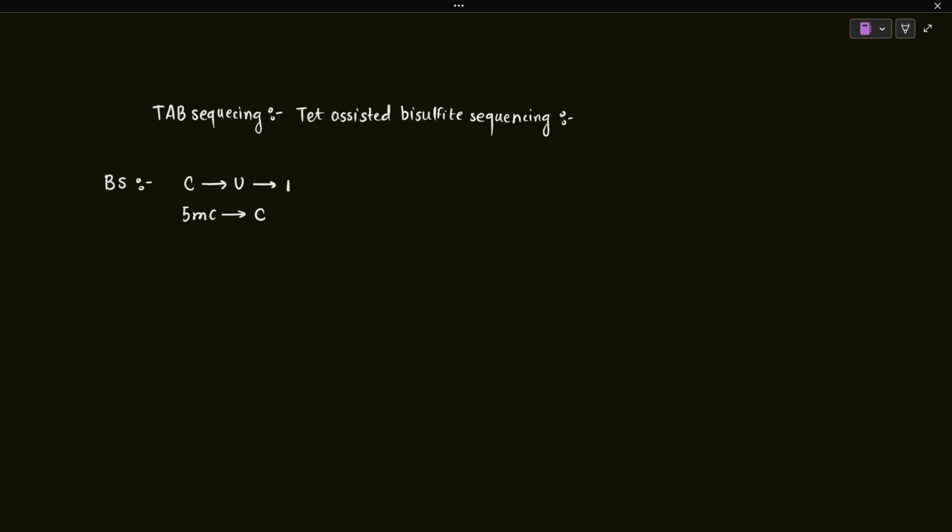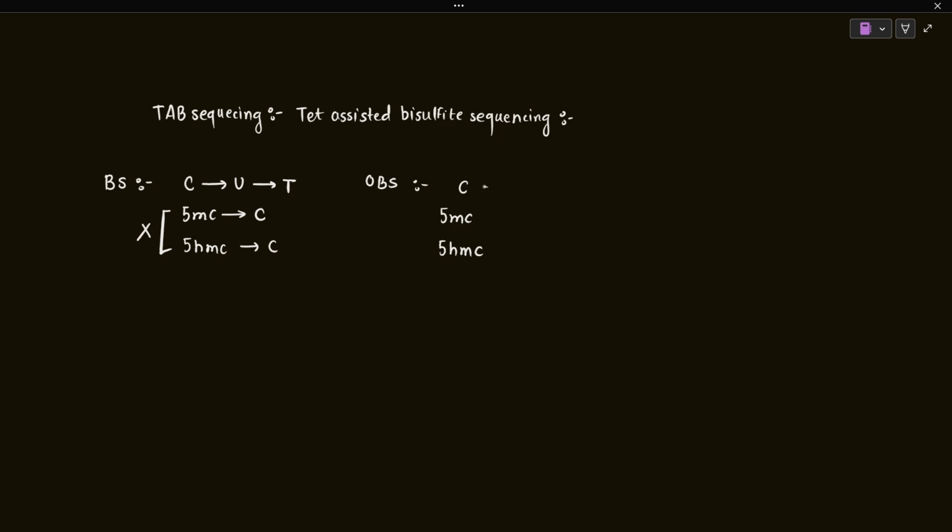This uracil is read as thymine, while 5-hydroxymethyl cytosine is also read as cytosine. In bisulfite sequencing, you cannot differentiate between 5-methyl cytosine and 5-hydroxymethyl cytosine. But in oxidative bisulfite sequencing, you can differentiate between all three: cytosine, 5-methyl cytosine, and 5-hydroxymethyl cytosine.